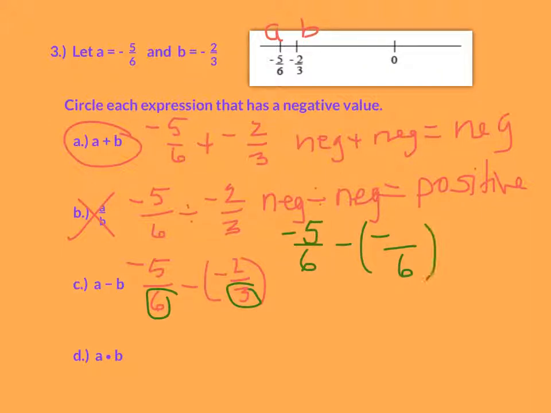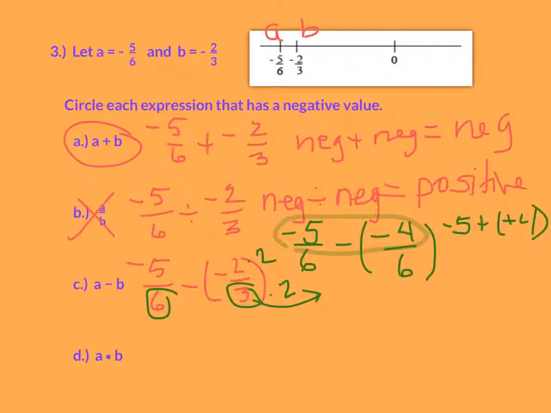Minus negative, negative. To get from 3 to 6, it's times 2. 2 times 2 is 4. So now I really only need to pay attention to these top two numbers, because what I have there is a stay, change, change, cha-cha-cha, and then the signs are different, find the difference.